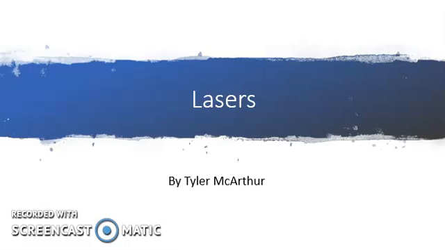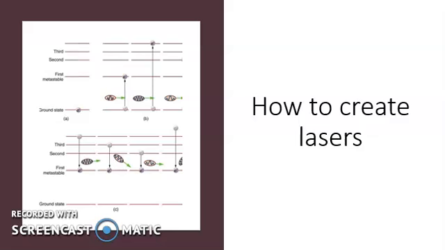So looking at this next slide, you can see that an atom can be jumped or excited to different states. So there's first a metastable state, a second and a third, and so on.